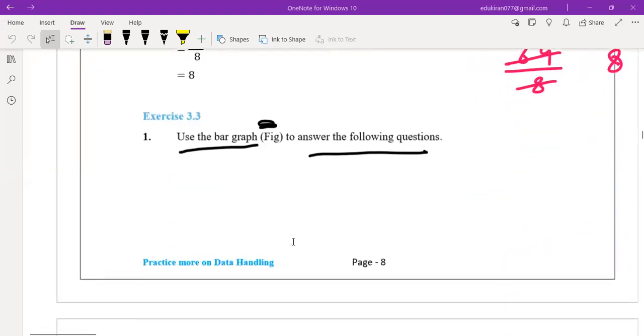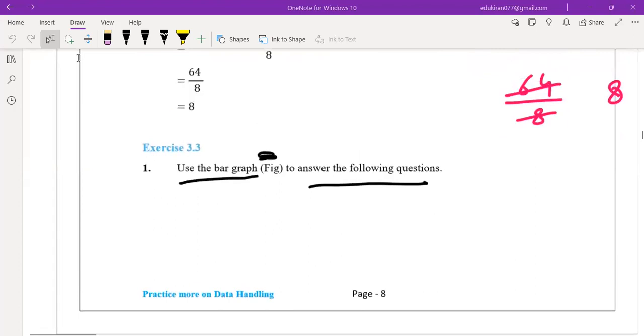Yes, ma'am. So today we are going to start with a new topic. Do you have graphs with you? Yes, ma'am, I have my graph notebook. Okay, you can bring it.